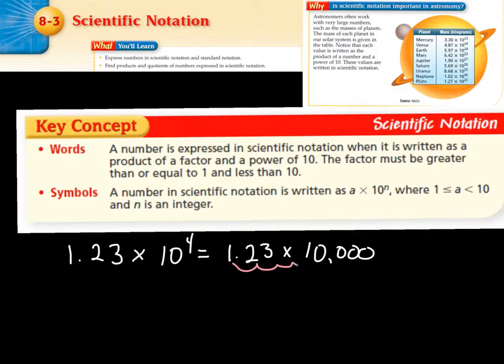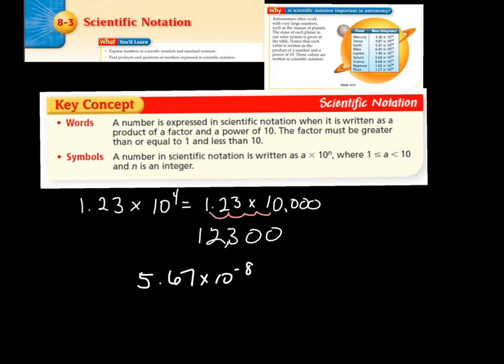Then I have to go 2 more. So that would be 1, 2, 3, and then I needed 2 zeros. So it would be 123,000.